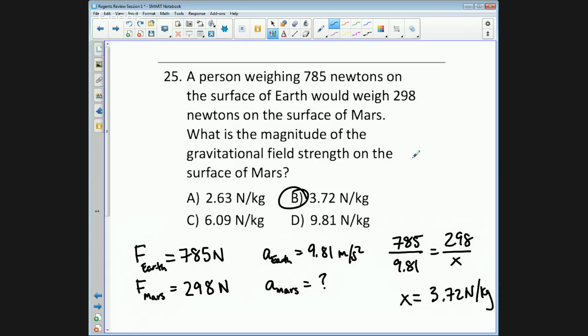The reason it's newtons per kilogram is because, Shiv, you put a formula in the chat: Fg equals mg. We're solving here for g, so that would be Fg over m, and the units for Fg over m are newtons per kilogram.